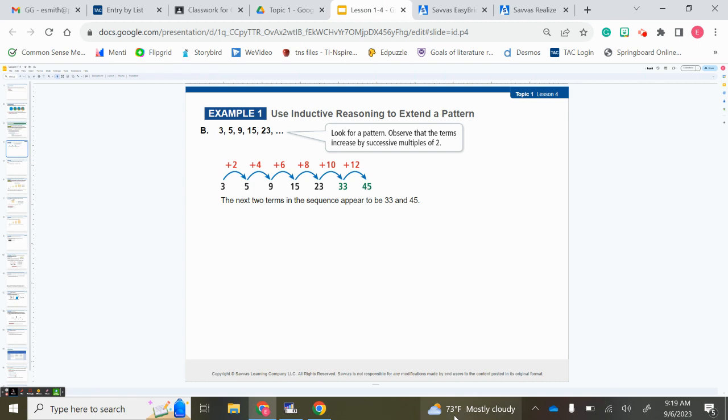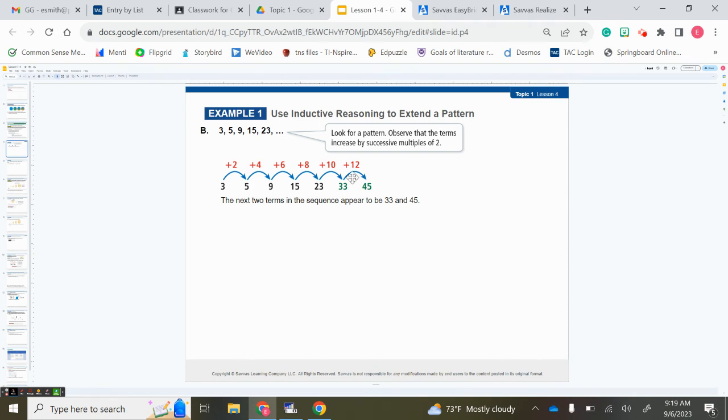If we wanted to find 3 terms after, we would add 14, 16, then 18. Does that kind of make sense where that's coming from? So this is just to get you an idea that patterns exist that aren't necessarily just having a common difference or a common ratio. Okay.